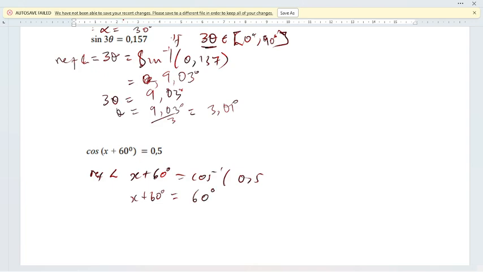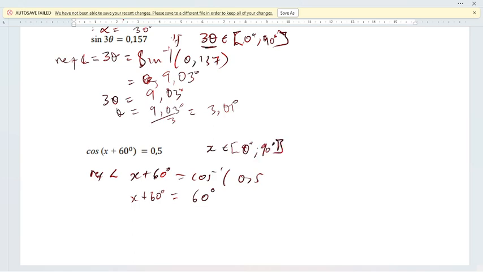60 degrees. It means my reference angle is, if it happens in grade 10 level, I need to get into other quadrants. Now, because in this grade, the answer is always in the quadrant between 0 and 90 degrees, here our x is an element of 0 degrees to 90 degrees.